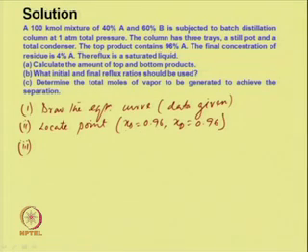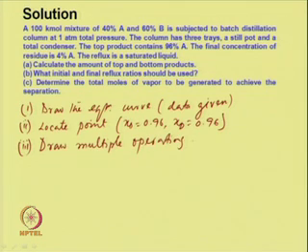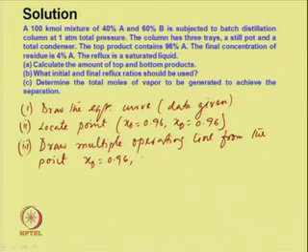So, starting from this point, we will draw multiple operating lines from the point x_d equal to 0.96, with different slopes.